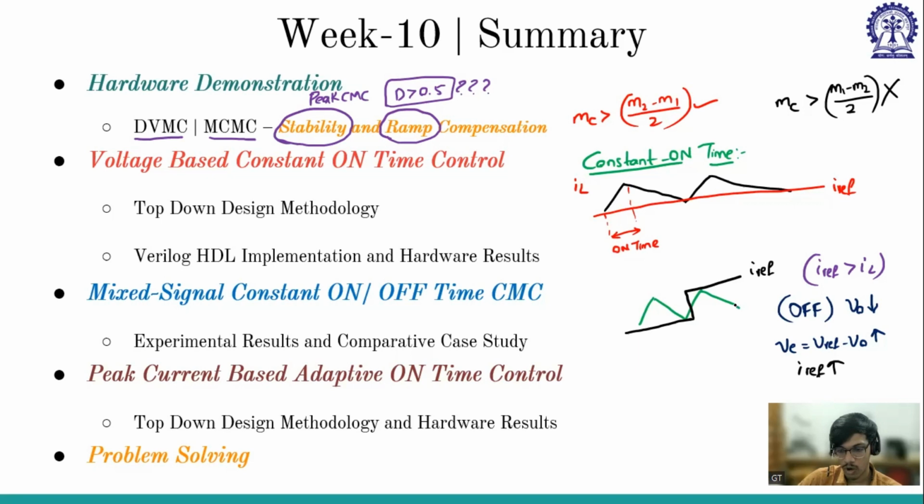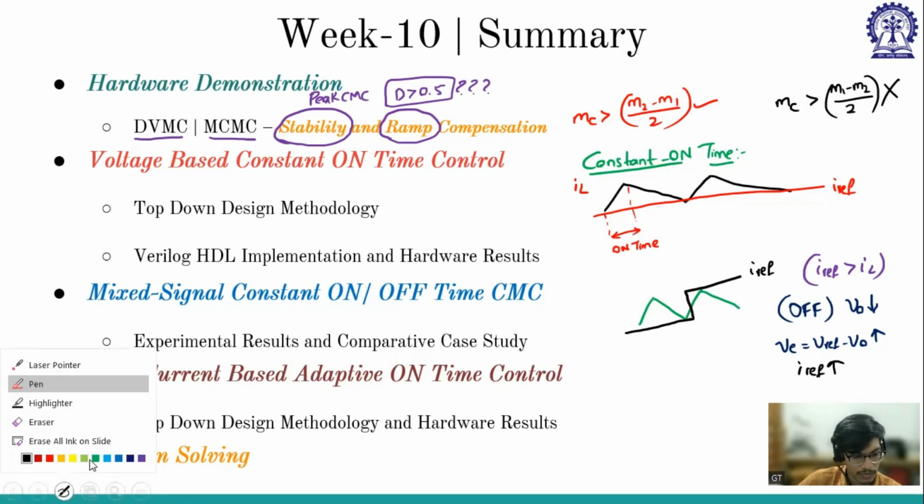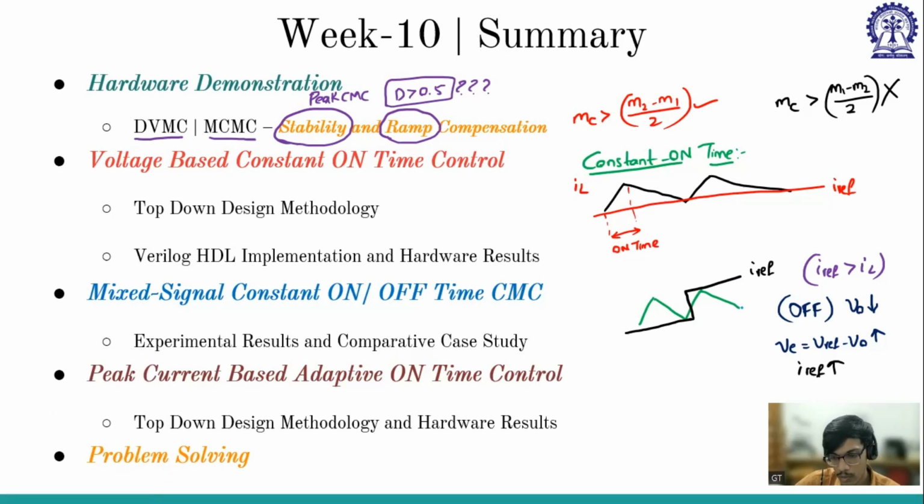So in that case, what we had done, we had put something called minimum off time and minimum on time. So after some minimum off time, it realizes that it should be turned on and not off.